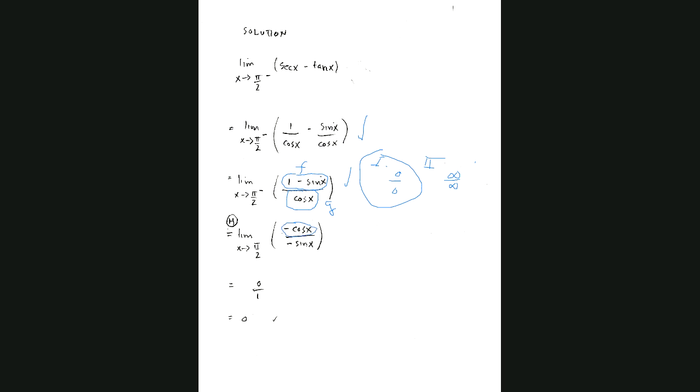Negative cosine of x is f prime, and negative the sine of x is g prime.